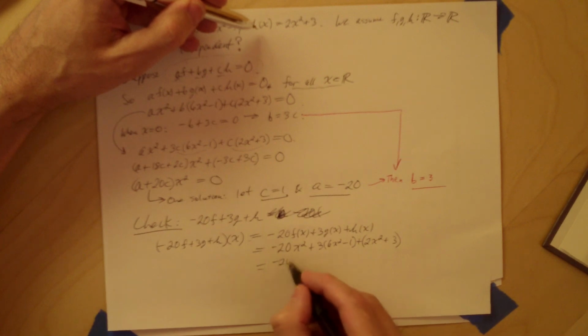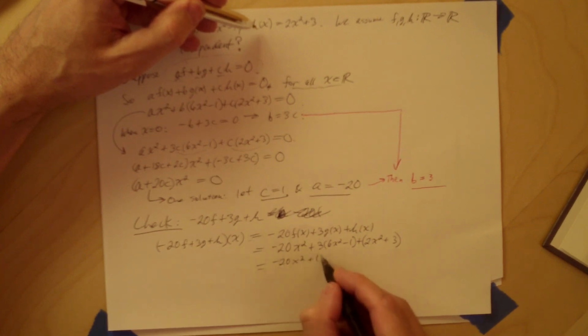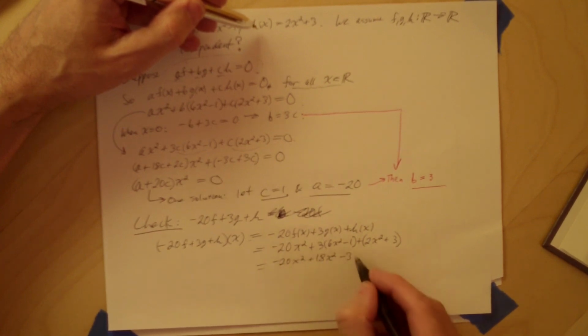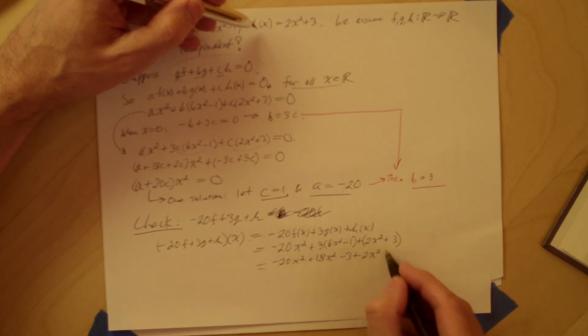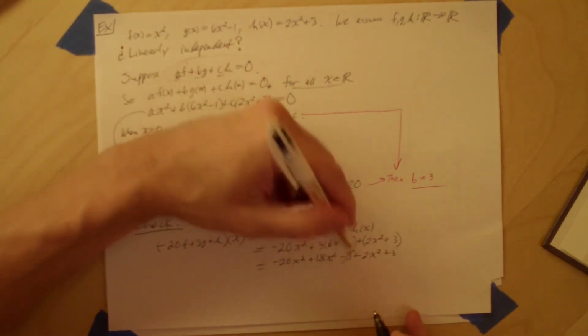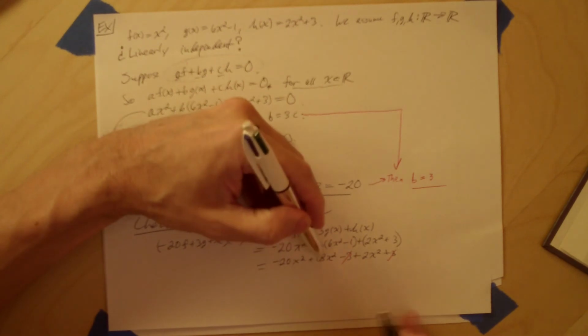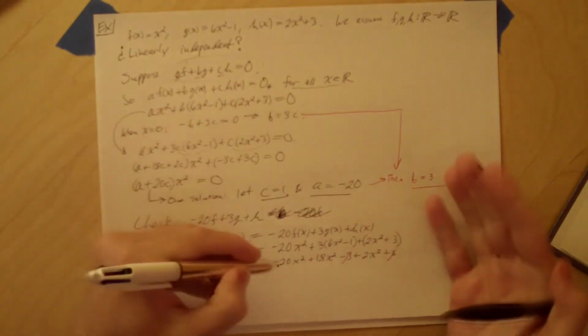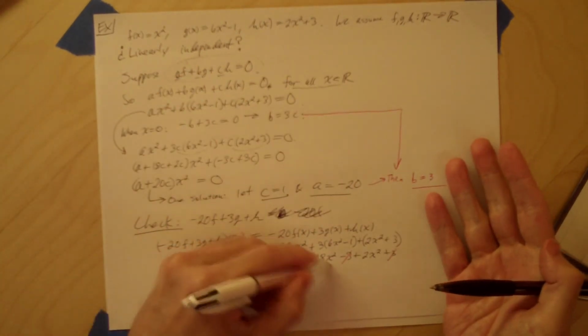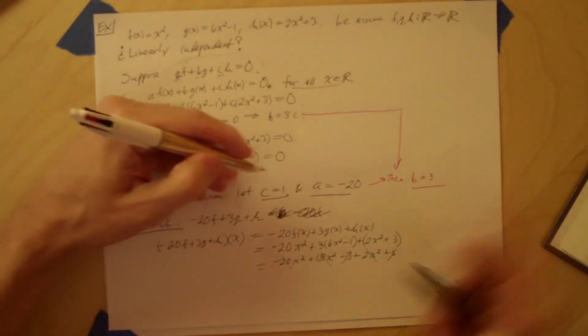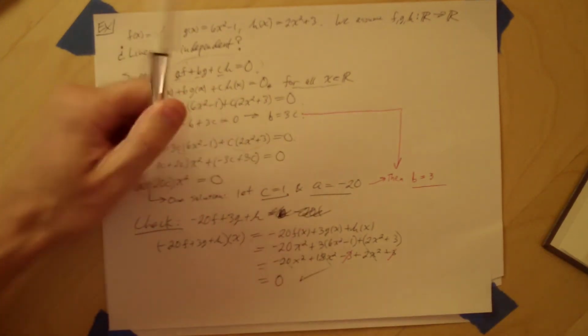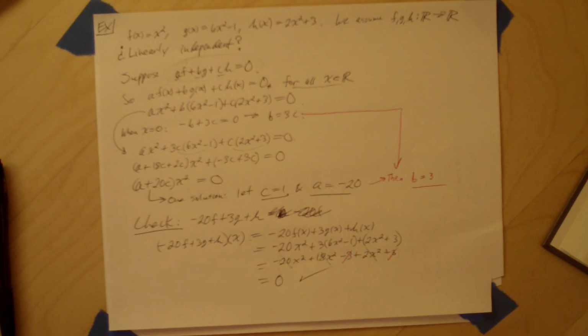And you can see you get negative 20x squared plus 18x squared minus 3 plus 2x squared plus 3. And they cancel, that cancels with that, and that cancels with that. And you get 0. So there you have it.